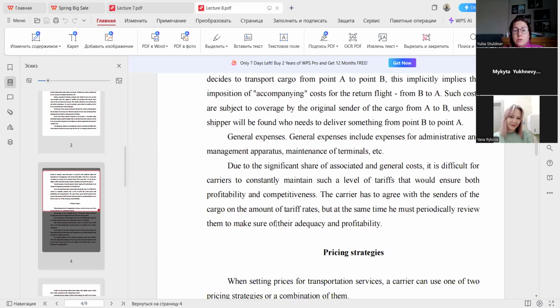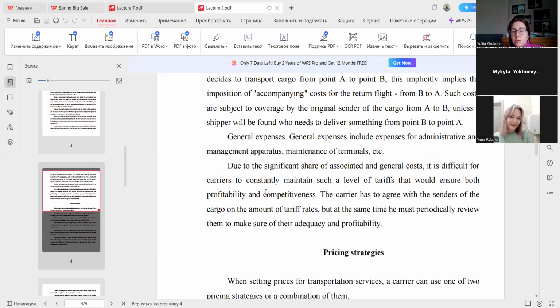General expenses. General expenses include expenses for the administrative and management apparatus, maintenance of terminals. Due to the significant share of accompanying and general cost, it is difficult for carriers to constantly maintain such a level of tariffs that would ensure both profitability and competitiveness.